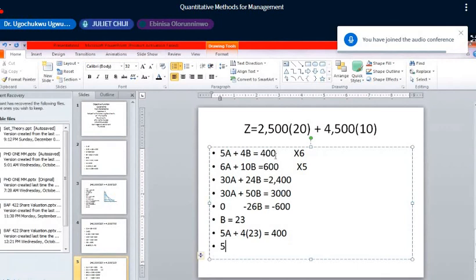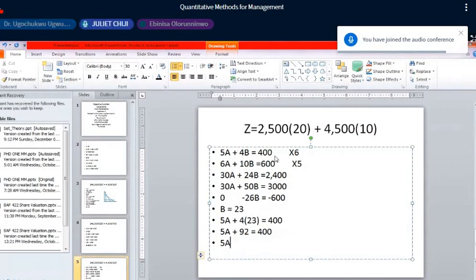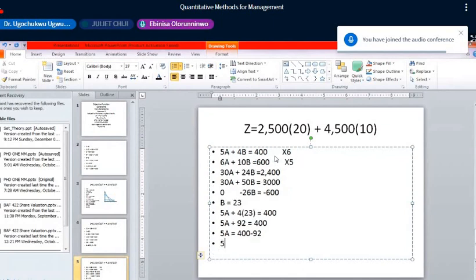So you have 5A plus 92 equals 400, so that 5A is equal to 400 minus 92, which is 308.